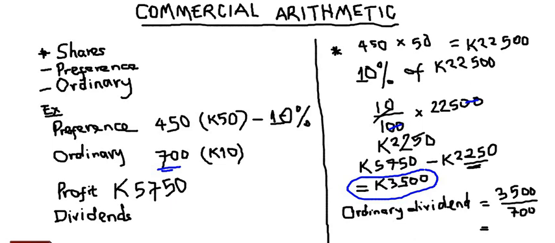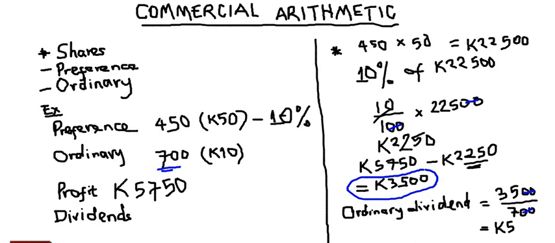So this means each ordinary share is going to receive a 5 kwacha dividend.